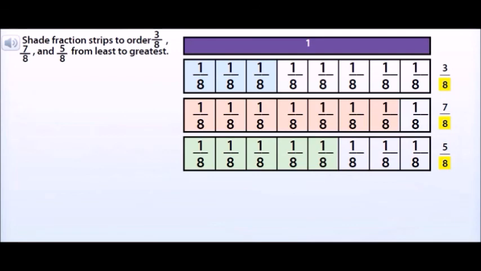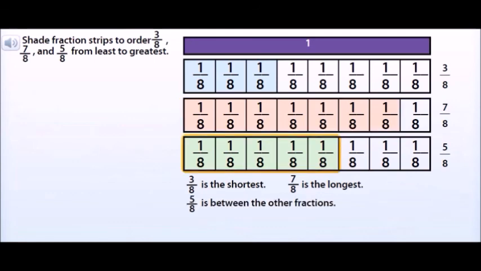So let's think about the number of pieces to compare and order fractions. 3/8 is the shortest. 7/8 is the longest. 5/8 is between the other two fractions. So what's the order from least to greatest? The order from least to greatest is 3/8, 5/8, 7/8.